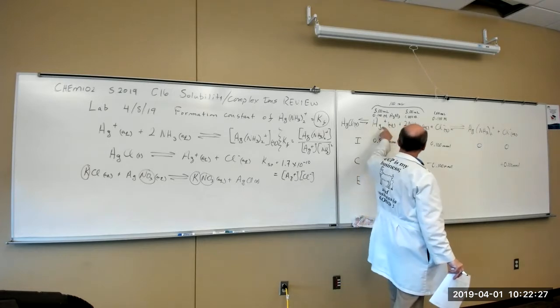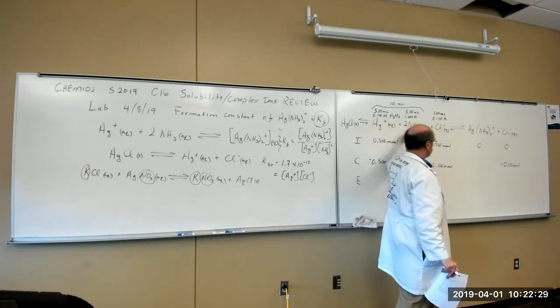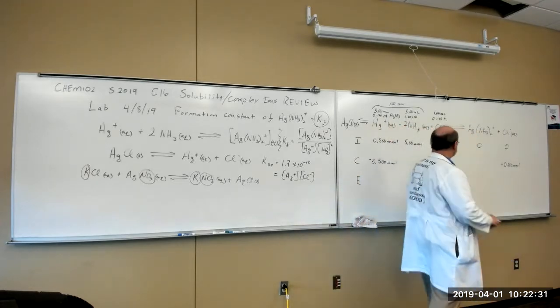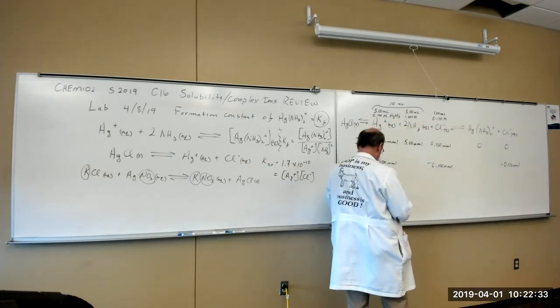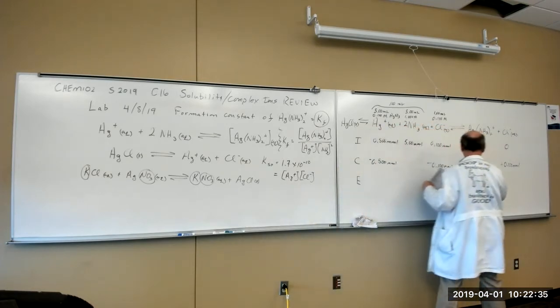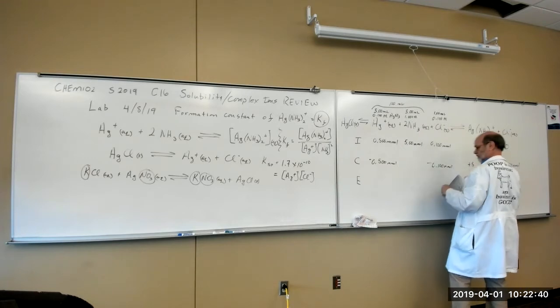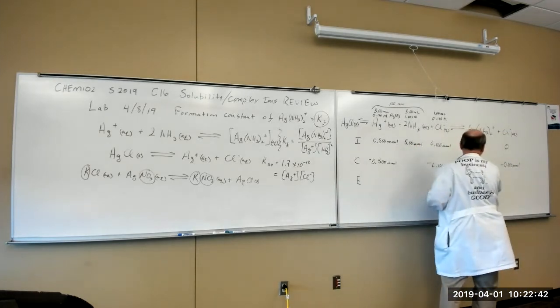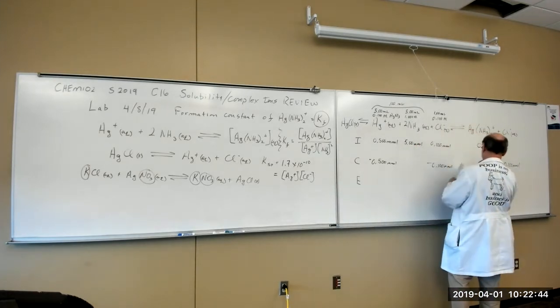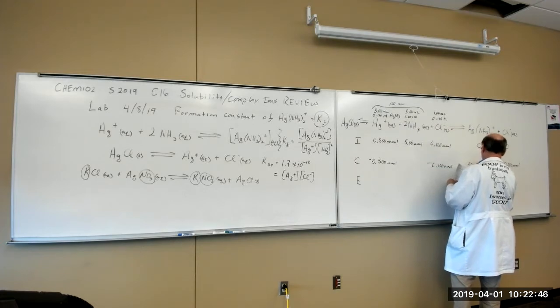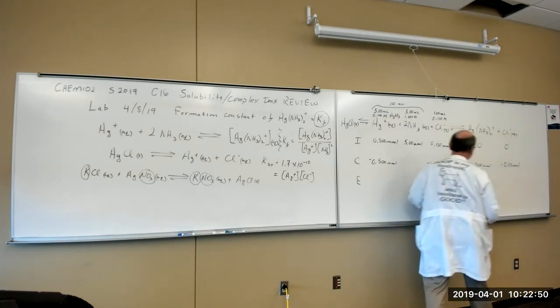Because we combined them with ammonia. They're all over here now. So that means we lost those. Now we have these. Oops. Get my numbers written correctly. There.